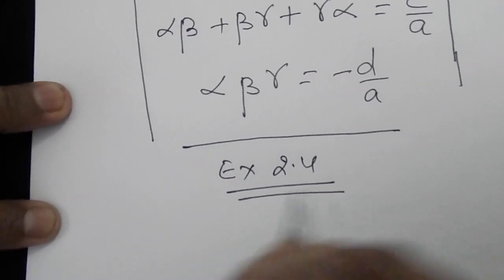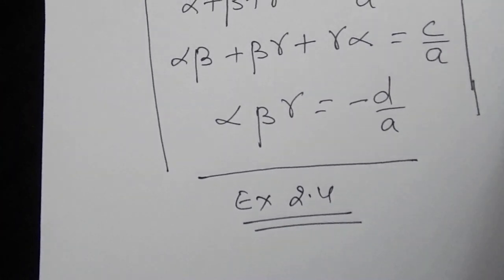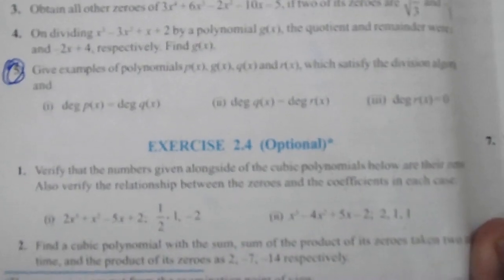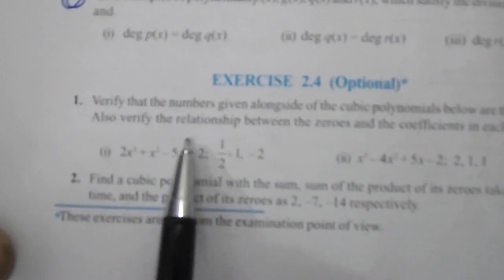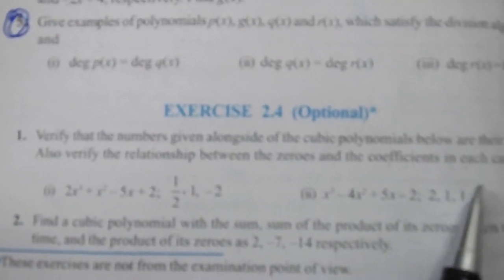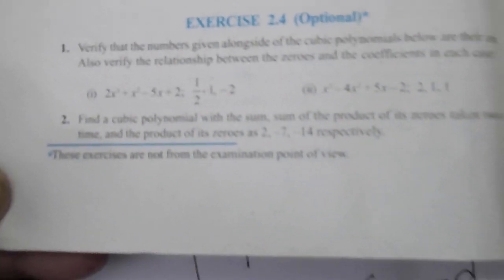Exercise 2.4. The first question says: verify that the numbers given alongside of the cubic polynomials below are their zeros. Also verify the relationship between the zeros and the coefficients in each case. So dear students, I'll take up the first part.